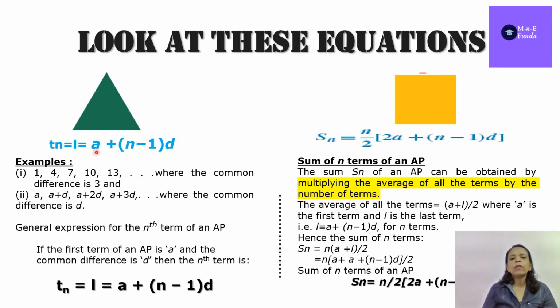So here we have to find the average. So how do I find the average? In this case, average equals A plus L by 2.